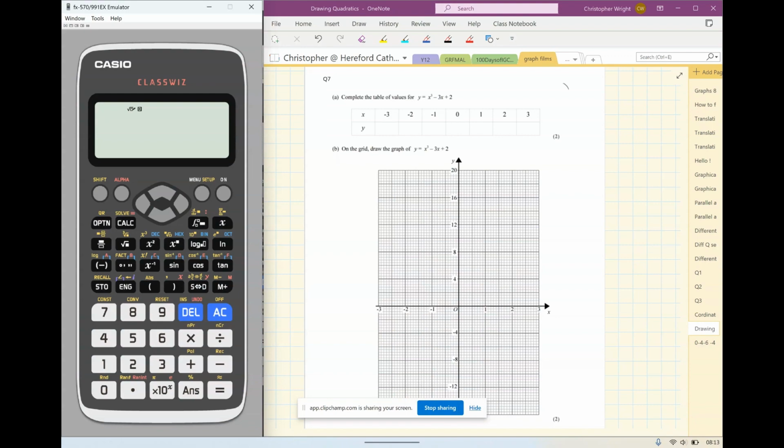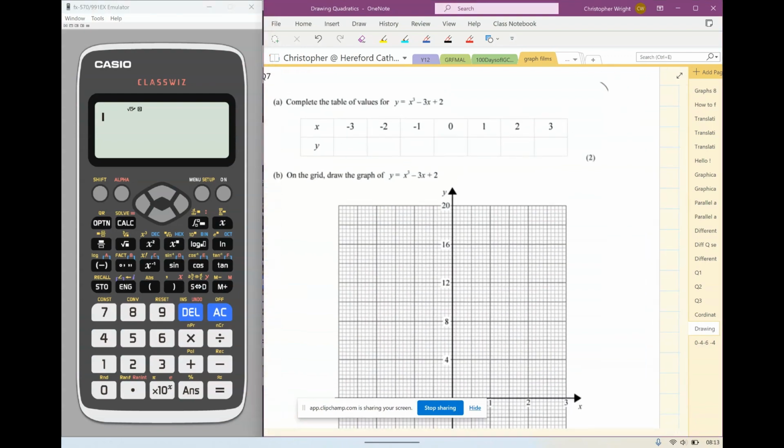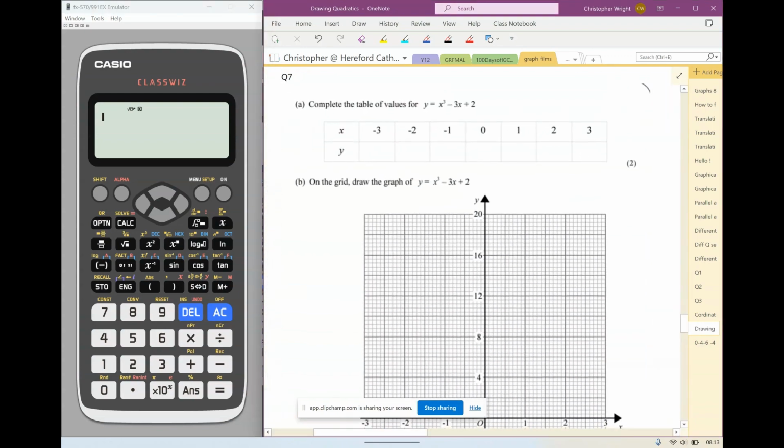Question 7. I need to complete the table of values for y equals x cubed minus 3x plus 2. So to my calculator, menu, and choose the table function. Right, x cubed. So alpha x and cubed. x cubed minus 3x plus 2.